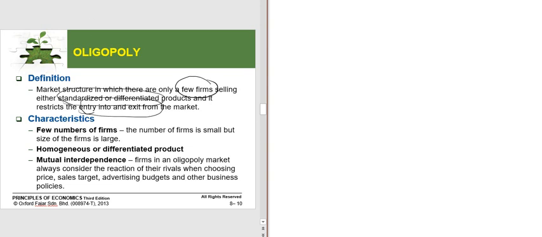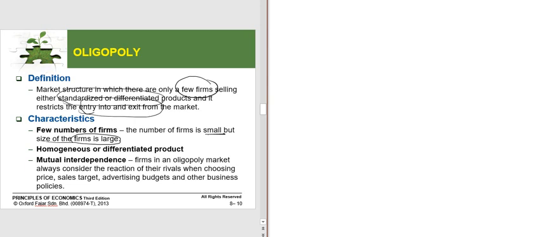So let's look at the first characteristic of the oligopoly market, which is that there is only a small number of firms. The number of firms is small, but the size of the firms is large. So basically, there are only a few firms in this oligopoly market, but these firms are large firms, not small firms like what you have in a perfect competition market or monopolistic competition market.